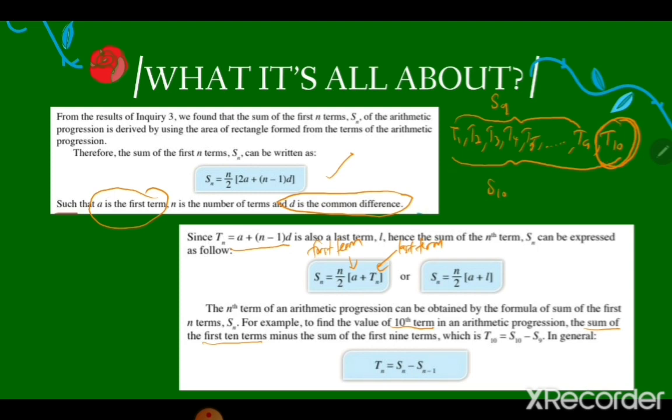So T10, the 10th term, is actually the sum of the 10th term minus the sum of the 9th term. You need to subtract the sum of all the terms before the nth term. Can you follow? So that is why we have this part: Tn equals Sn minus Sn minus 1.